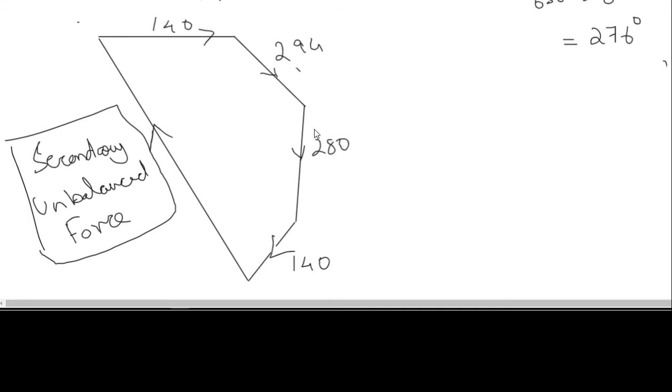The secondary unbalanced force, we know, is Fs equal to m r omega square cos 2 theta divided by n. What we got here is m r omega square.